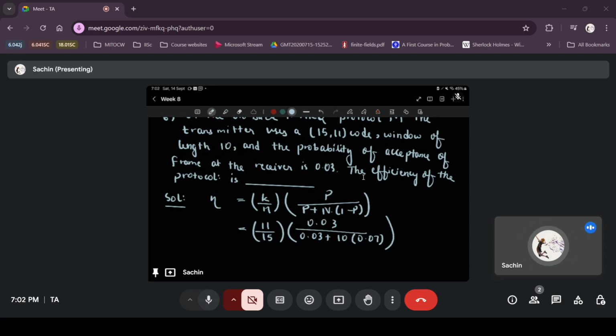So 0.03 by 0.73, 3 by 73. We will do that: 3 over 73 times 11 divided by 15.